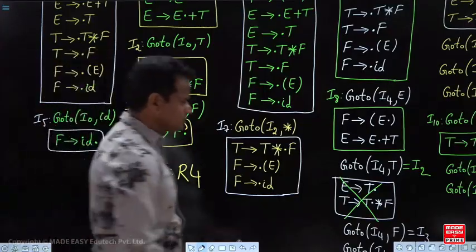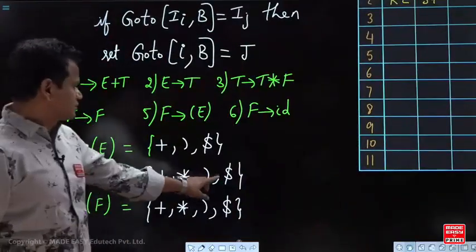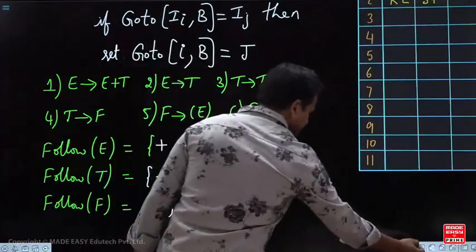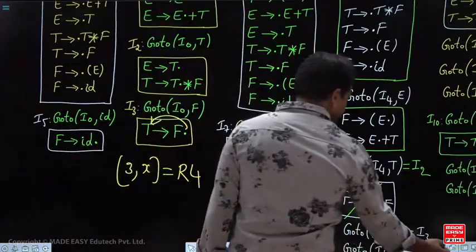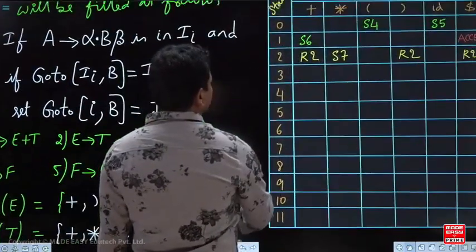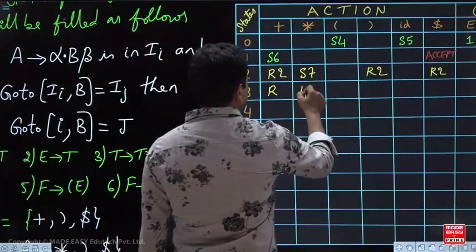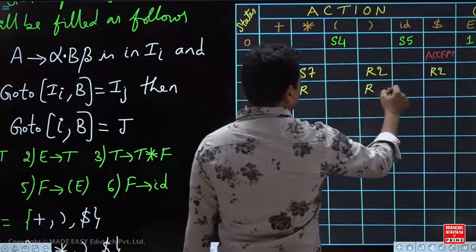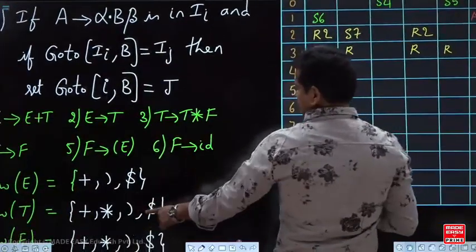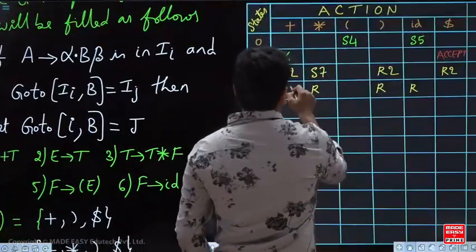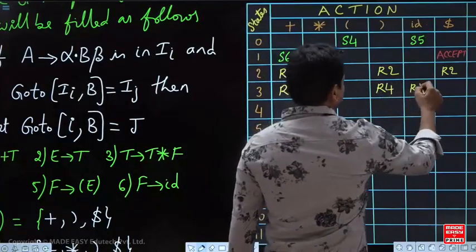Plus, star, closed, dollar. So in third row, xth column, R4. See, follow of T is plus, star, closed, dollar.